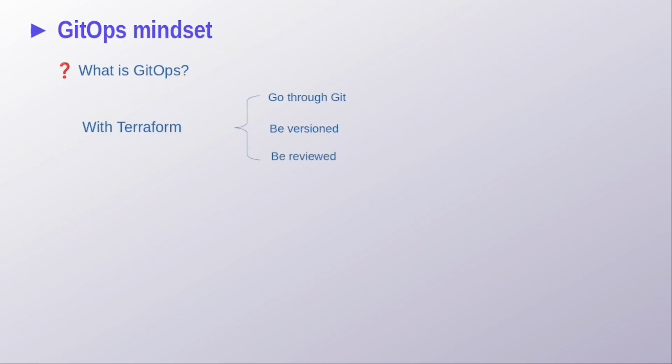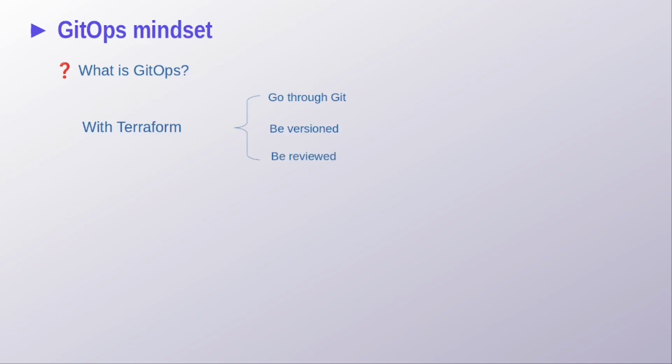GitOps mindset. Now let's talk about the mindset. What is GitOps? GitOps means Git is the single source of truth. With Terraform, this means no manual infrastructure changes, no just this one-time fix, no clicking in production.